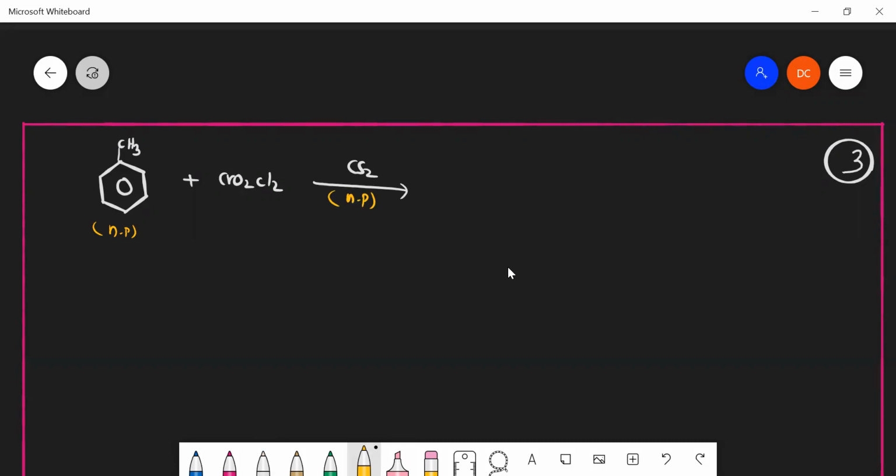Carbon disulfide acts as the non-polar solvent. Then the intermediate product will be CH, with O, CrOH, Cl2 twice. If you can't understand, there is no other way; we have to go with the mechanism. Then if I use H3O plus, I'll get my product like this.